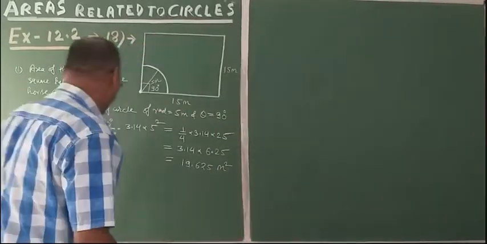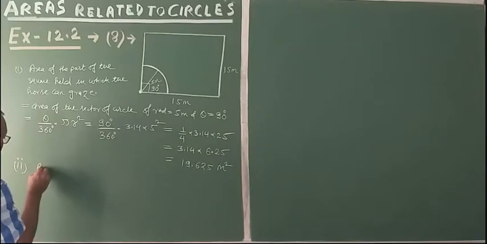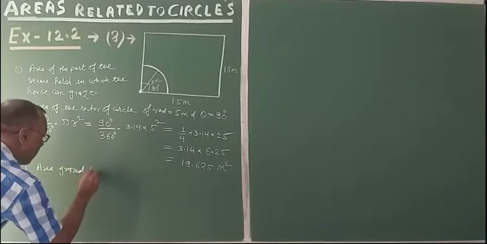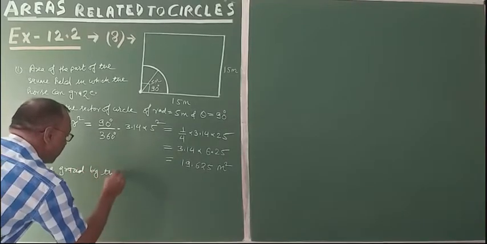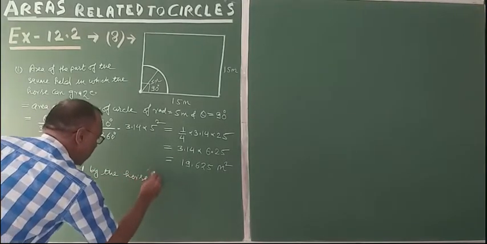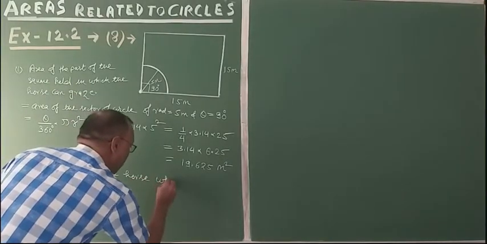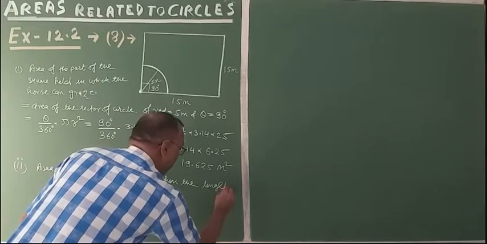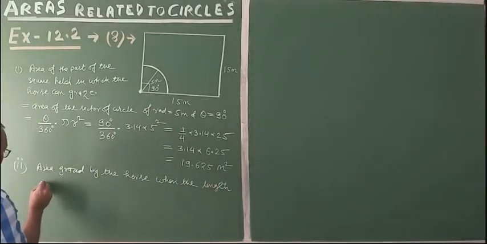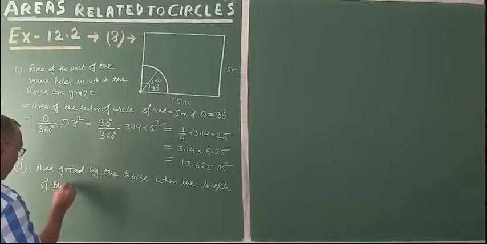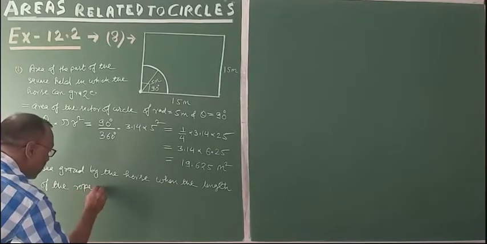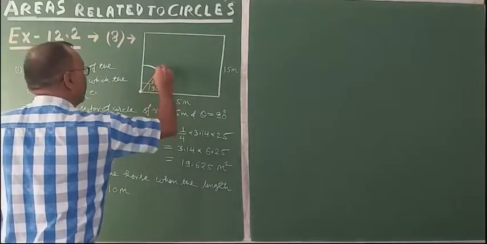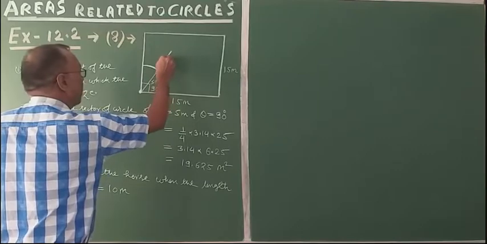Now area grazed by the horse when the length of the rope is equal to 10 meter. Now the length is taken 10 meter.